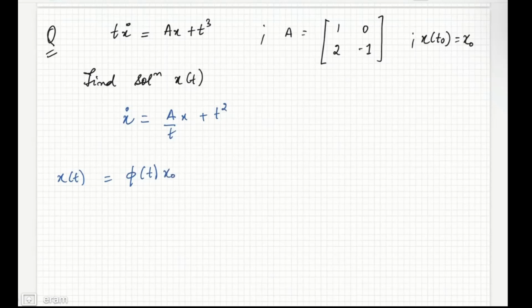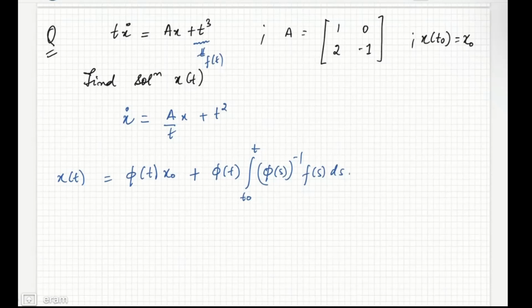into x naught, and then we have phi t from t naught to t phi s inverse, and then we have this term, let's call it ft, so it is fs ds. Okay, like we have done earlier.